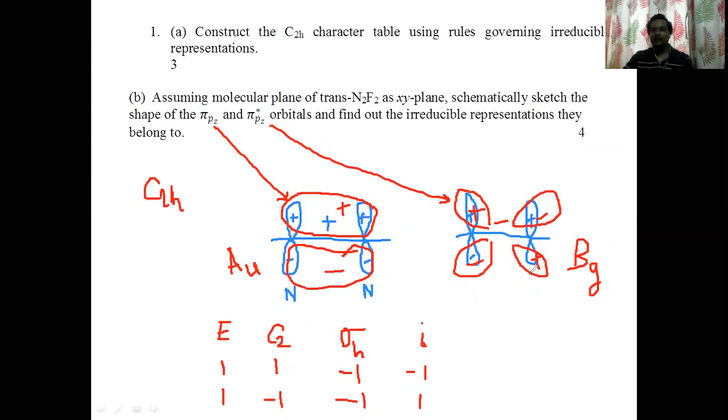Now this one, of course, you have to go for a d orbital because it's kind of a binary function. If this is Y and this is Z, you can think about DYZ, something like that, and that is going to be Bg. So I think that's what the expectation is.